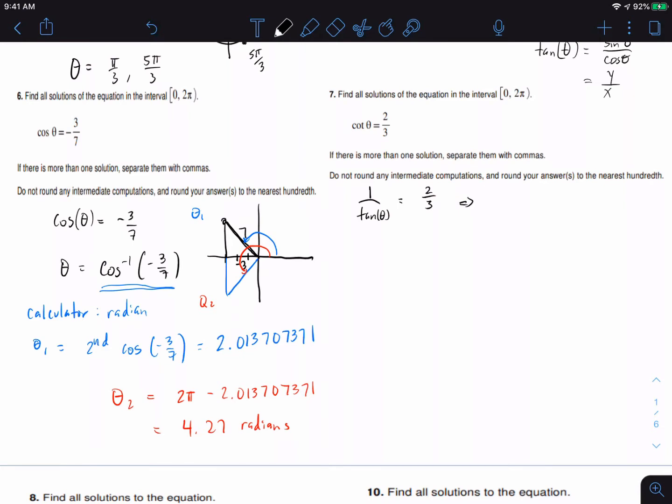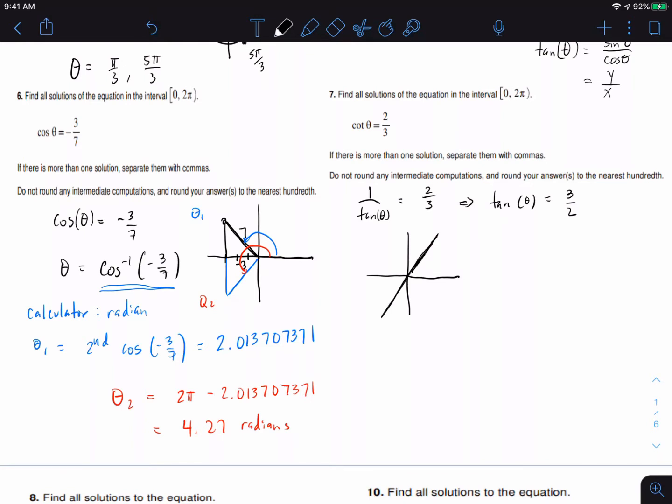So then that's going to become tangent theta of 3 over 2. And since it's positive, that tells us that we're in quadrants 1 or 3. And so when we look at our circle, we're going to end up either here or down here.